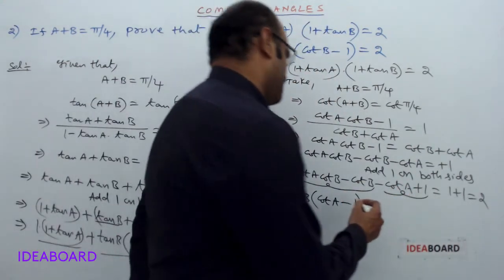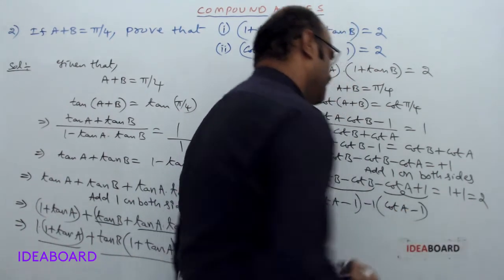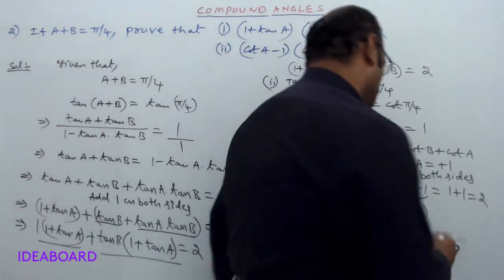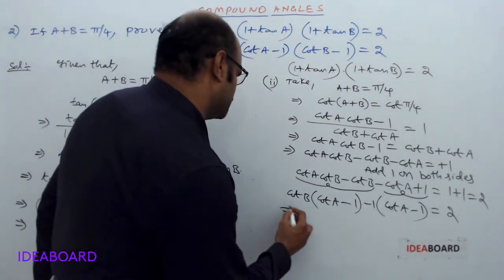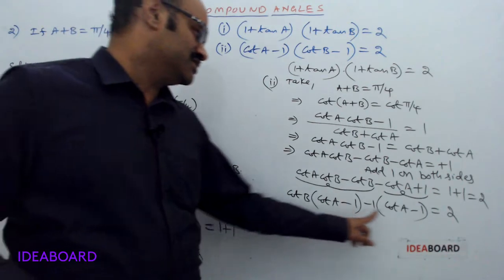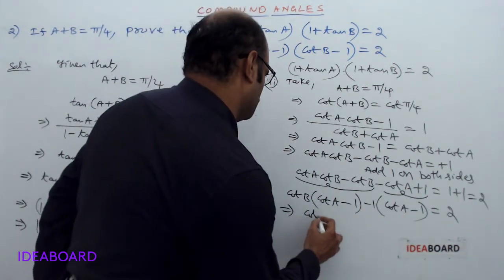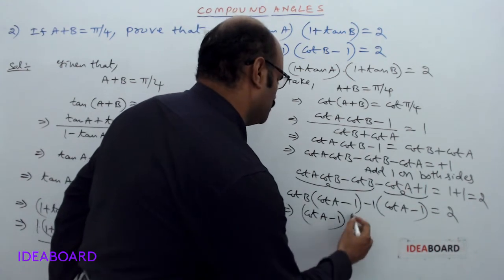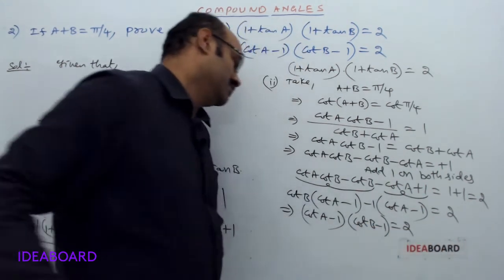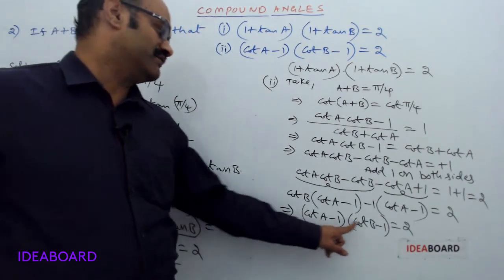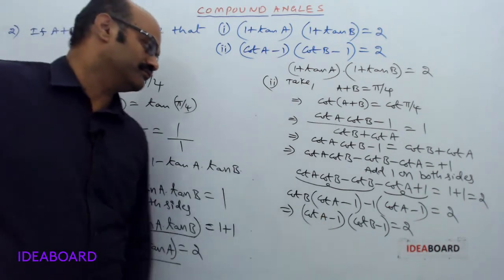Minus 1 if you take common, cot a minus 1 equal to 2. Now it implies from these two terms cot a minus 1 is common into cot b minus 1 equal to 2. Therefore cot a minus 1 into cot b minus 1 equal to 2. Hence proved.